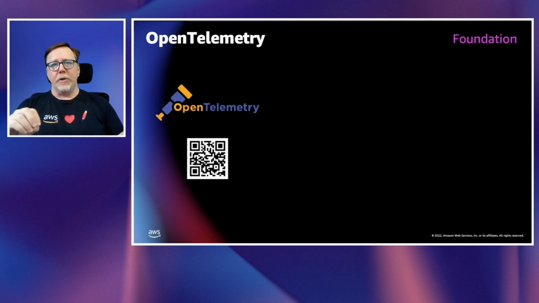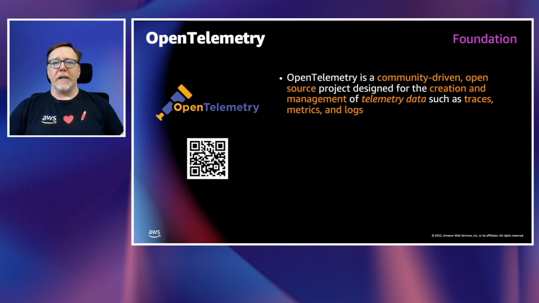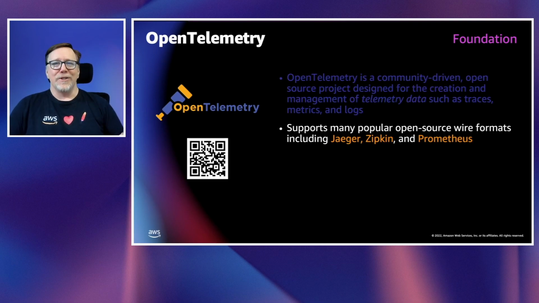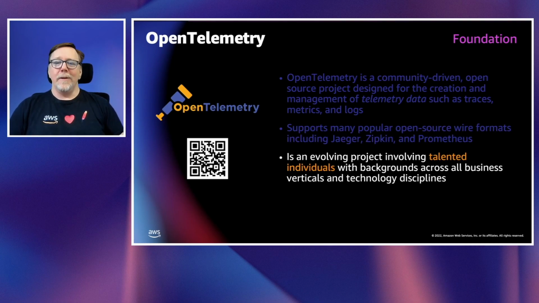So one of the foundational elements of observability is the OpenTelemetry standard and the OpenTelemetry stack. It's an open source project designed for the creation and management of telemetry data, such as traces, metrics, and logs. It does support a lot of wire formats, Jaeger, Zipkin, and Prometheus. This enables you to bring that data in and bring it into a common format.